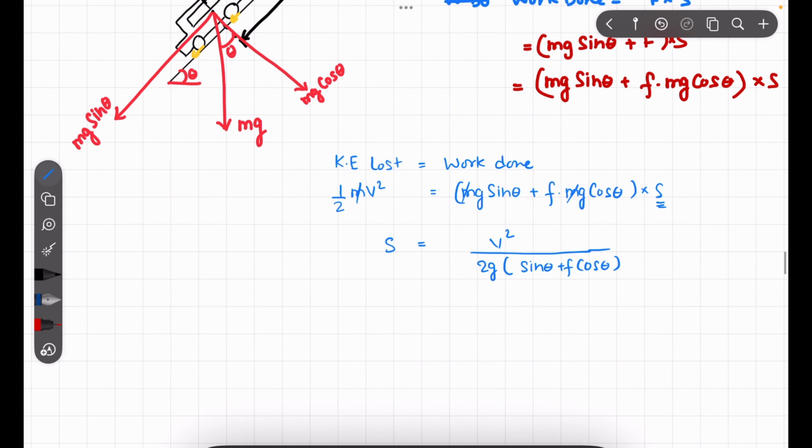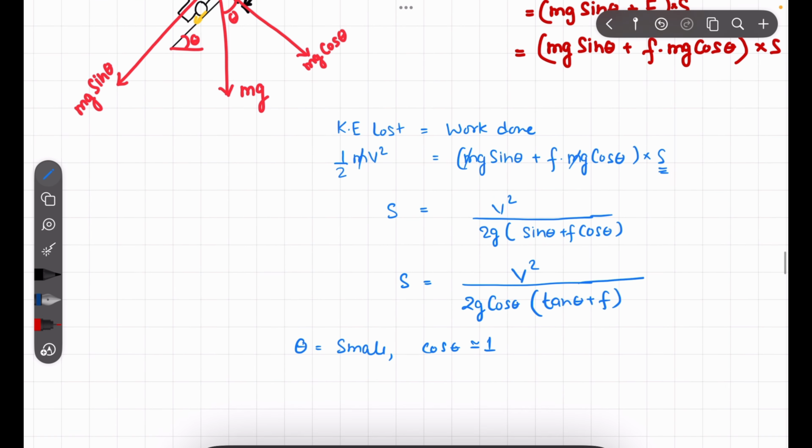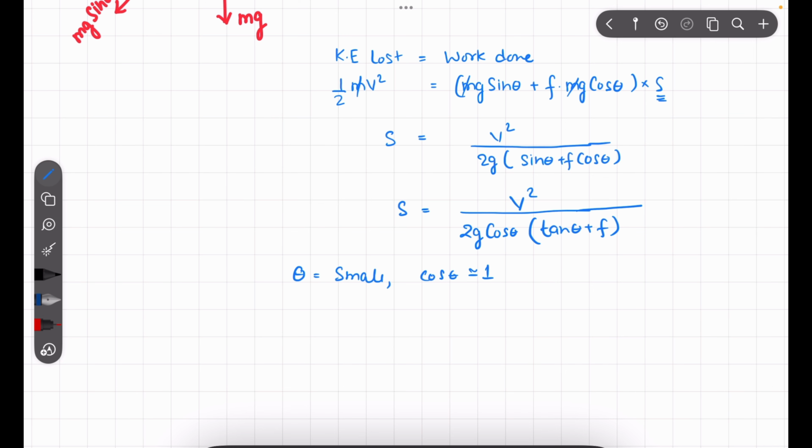Now what I can do here is take out cos theta as a common factor, and then I will have tan theta plus f. We know that when theta is a small value, cos theta is almost equal to 1, and tan theta is nothing but the slope of the road.